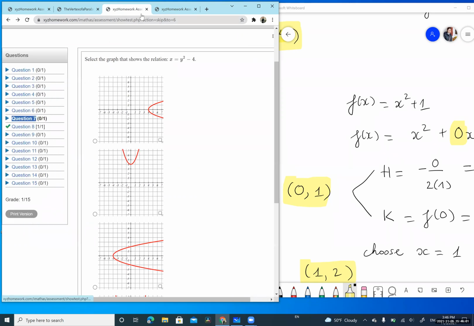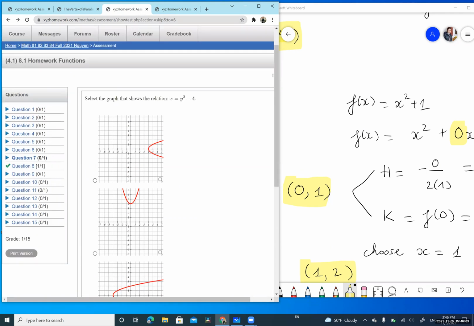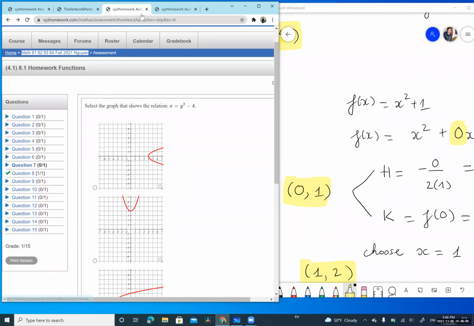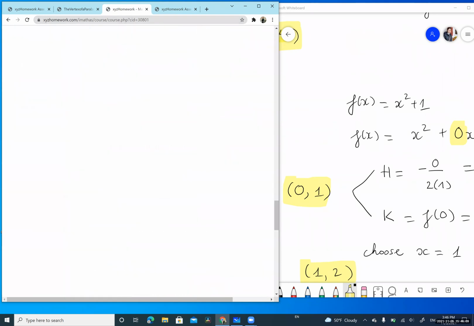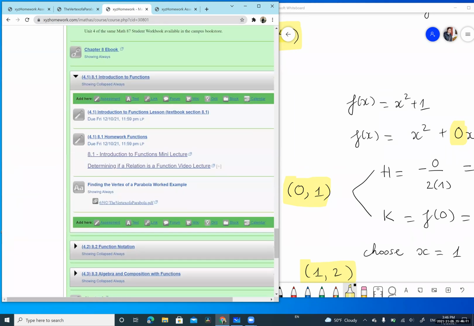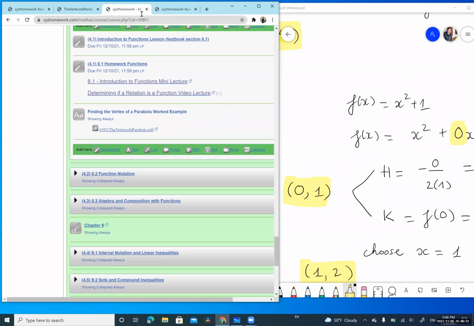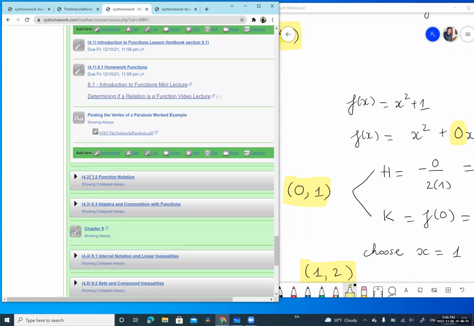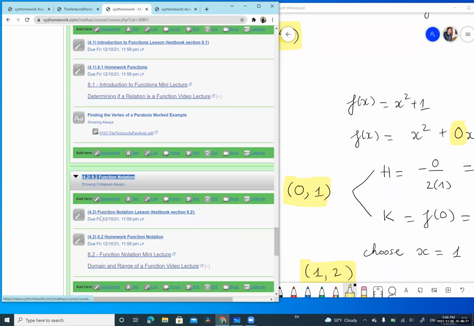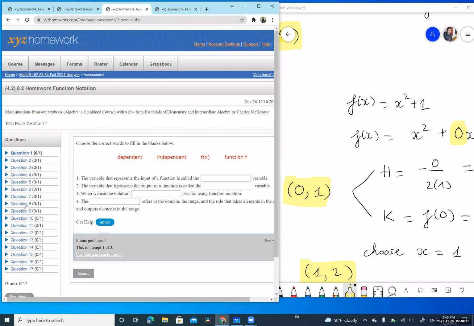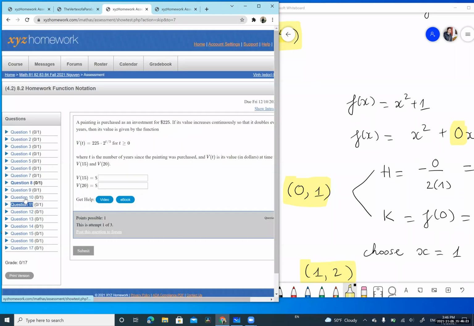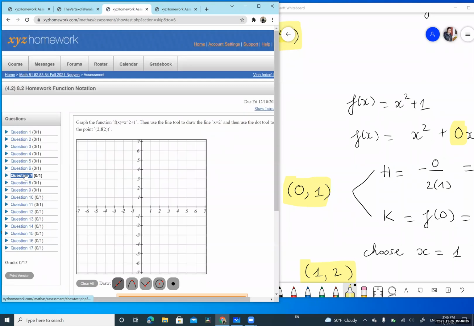Okay, let's come back to the question. This is 4.1. I need to come to 4.2. Sorry about that. 4.2, right here. I hope it doesn't change the problem. Question 7. Okay, still the same one.